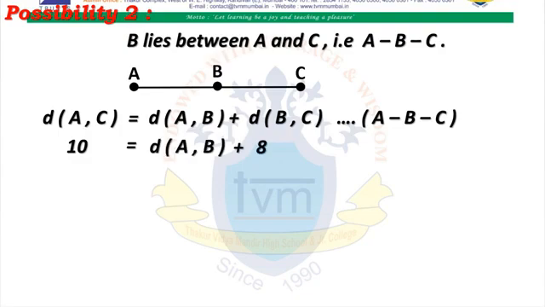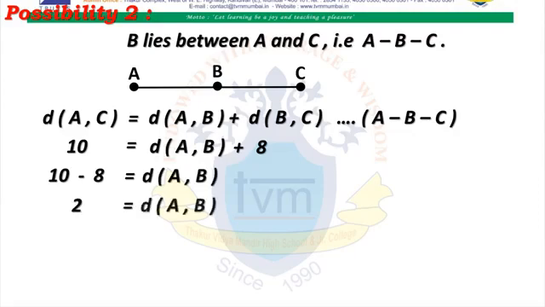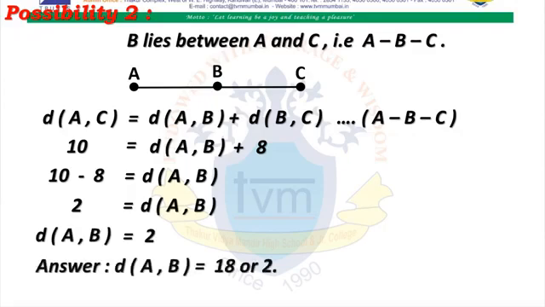Now we will shift plus 8 to the other side of the equal sign. If we shift plus 8 from the right hand side to the left hand side, the sign will change. So we will get 10 minus 8 equals distance AB. Therefore distance AB equals 2. Therefore distance AB equals 18 or 2.